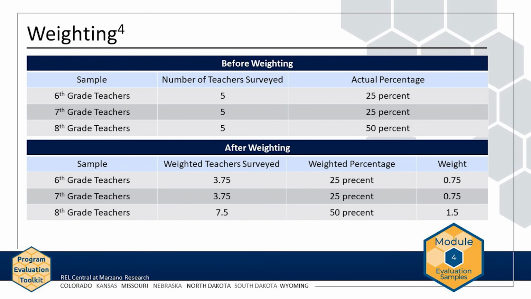The team may want to statistically adjust its data so that the data more accurately represent the grade distribution in the middle school. Weighting allows the team to adjust the data so that the statistics the team computes from the data more accurately represent what the team would likely obtain from the entire population. To weight the data, the AMP evaluation team needs to multiply the grade 8 surveys by 1.5. The team also needs to multiply each grade 6 and 7 data point by 0.75.